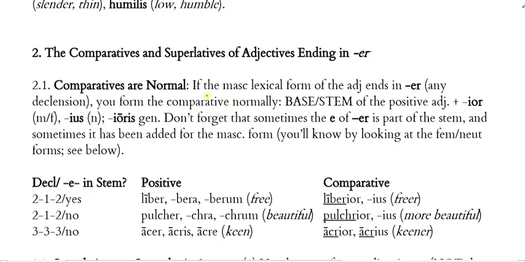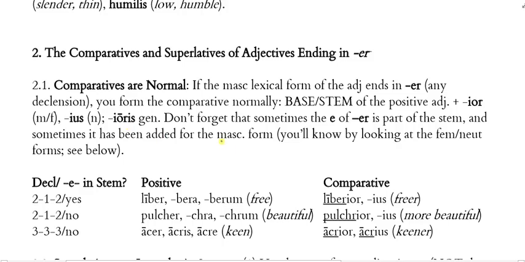If the masculine lexical form of an adjective ends in -er from any declension, you form the comparative normally by taking the base or the stem of the positive form of the adjective, and then adding -ior for masculine and feminine, and -ius for neuter. And for all the genders, the genitive is -ioris.